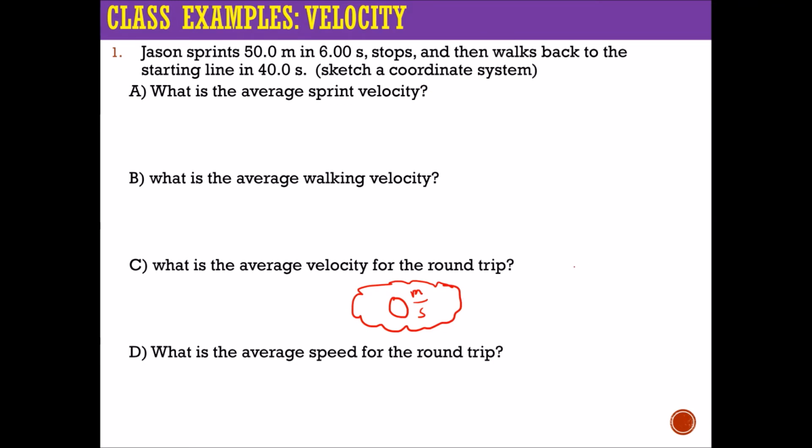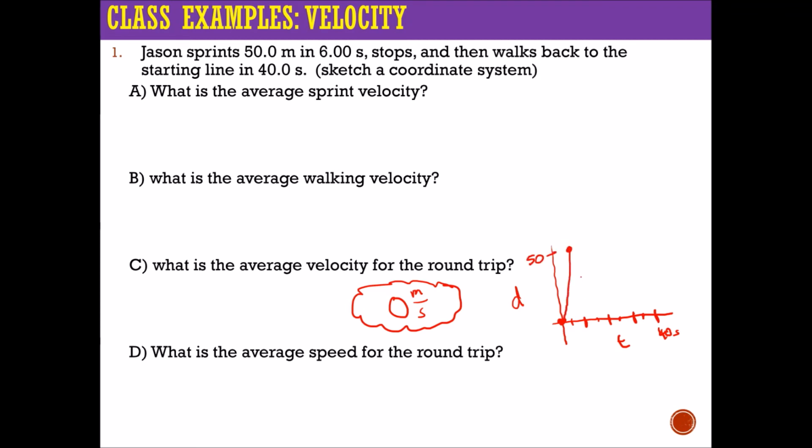This will make more sense when we talk about graphs. You can kind of get a visual of what's going on. Here's a y-axis and an x-axis. Here is the displacement, and here is the time. Now, Jason started at 0, 0, and in 6 seconds, we'll call this 5, 10, 15, 20, 25, 30, 35, 40 seconds, in 6 seconds he goes 50 meters.